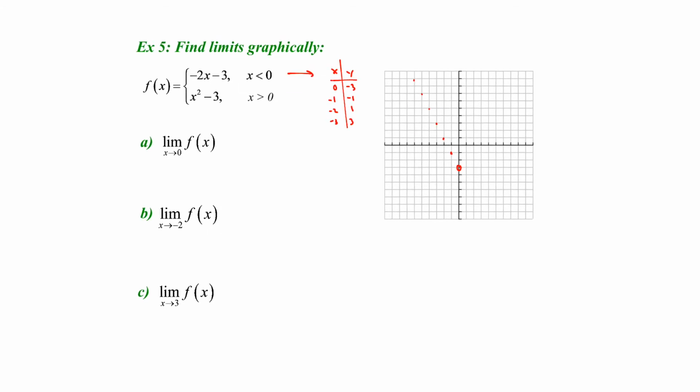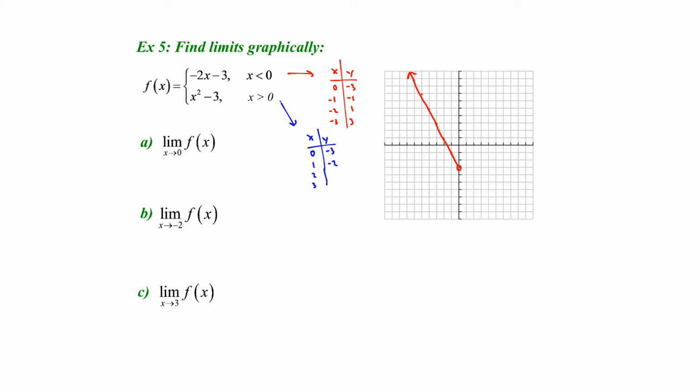So this will represent this part of the graph. Okay, and then on this next part, it's x squared minus 3, and we only want values that are greater than 0, including 0, even though it's not equal to. We still want to include it, and it'll just be an open circle. So at 0, you're at -3.